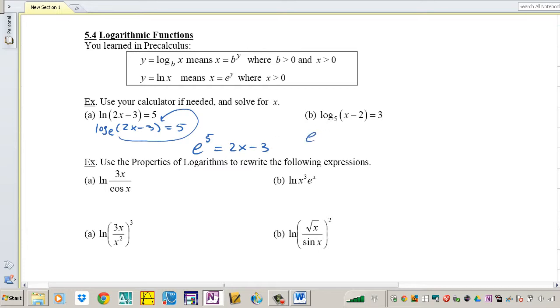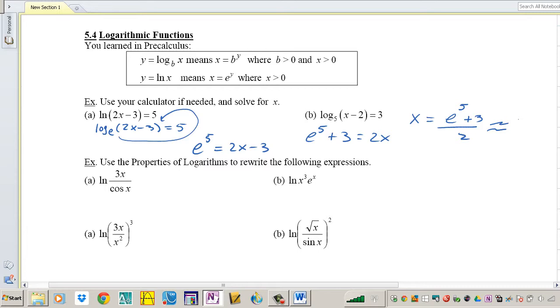Add 3 to both sides: e to the 5 plus 3 is equal to 2x. Divide both sides by 2. Then we have (e to the 5 plus 3) all over 2, and you can use a calculator to find an approximation.